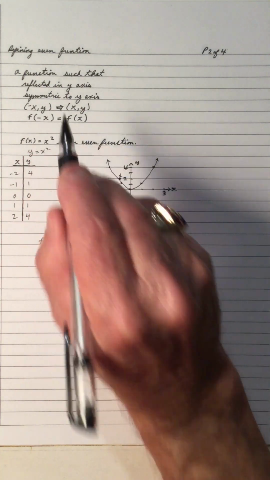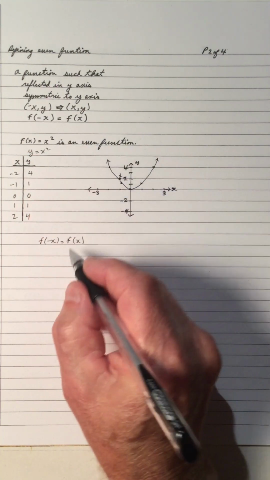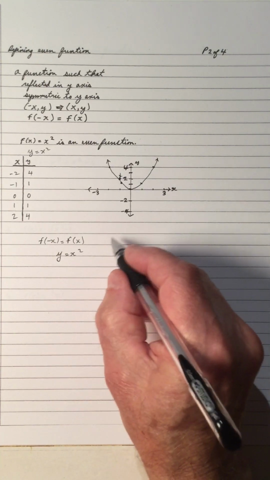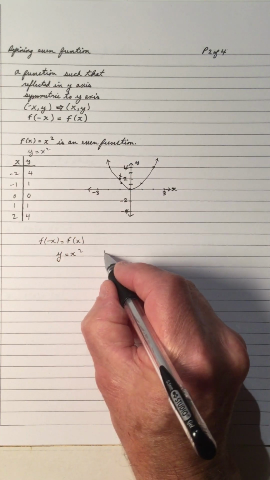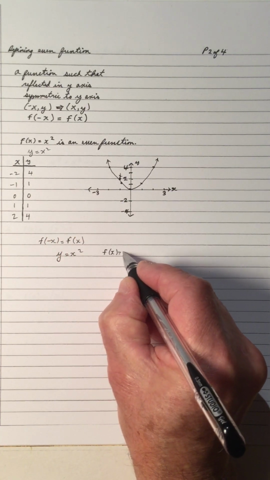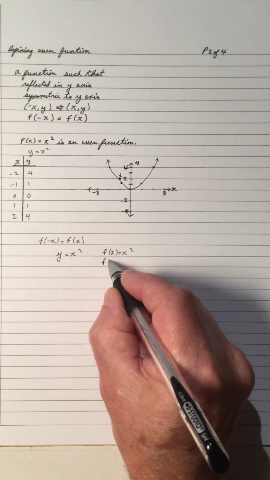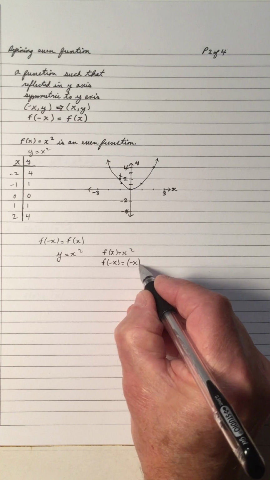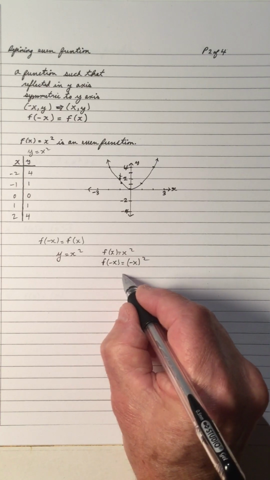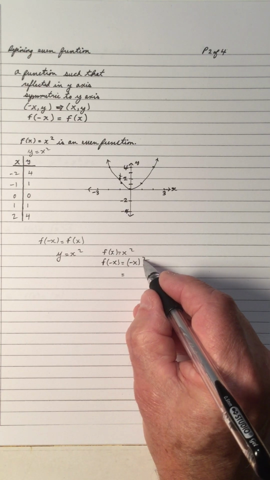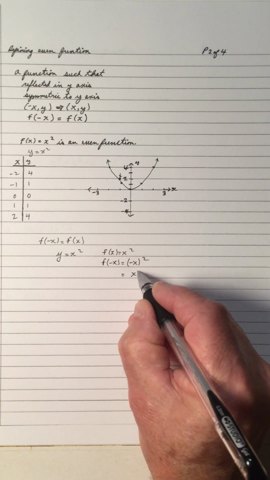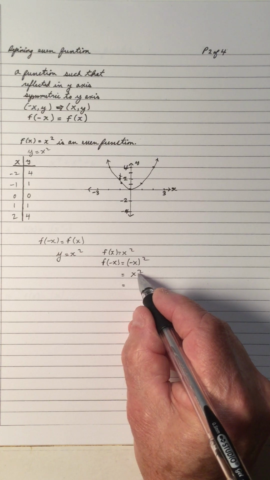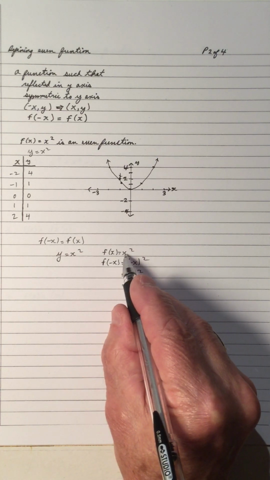If we take this equation, f of x equals x squared, then f of negative x, so we're putting negative x in the place of x, is negative x squared, which is negative x times negative x, which is x squared.